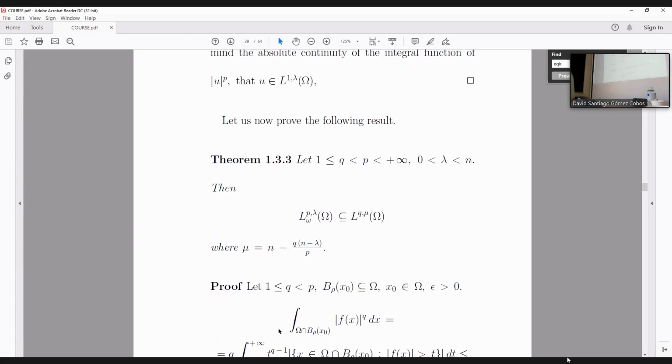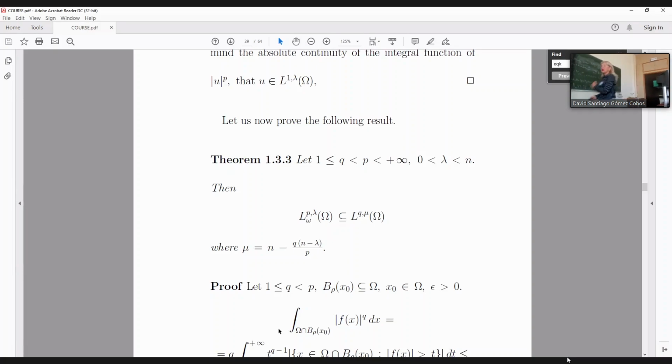Okay, so now we are interested in the relation between a Morrey class and a weak Morrey class. I have just recalled what the Morrey space and the weak Morrey space are.